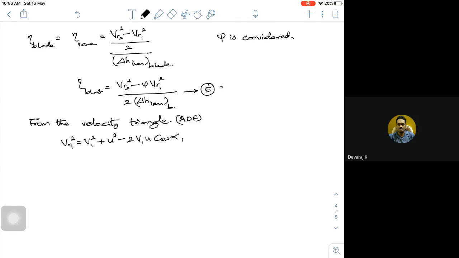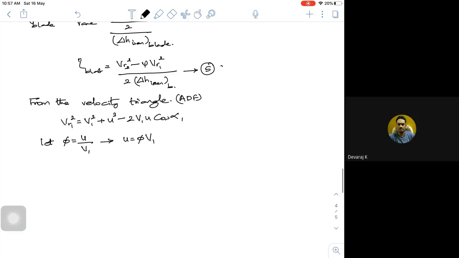Now already we have defined the speed ratio. Let phi be the speed ratio, phi is equal to U by V1, such that U is equal to phi into V1. If I substitute for U, this will be V1 square plus phi square into V1 square minus 2 into V1 into phi into V1 into cos alpha 1.